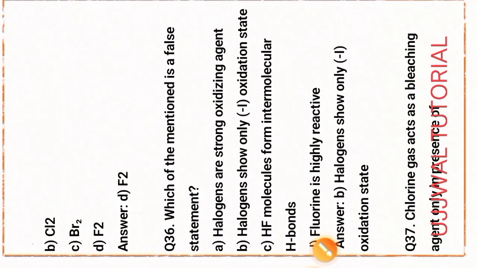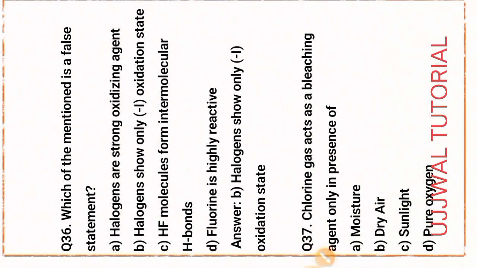Next question number 36. Which of the mentioned is a false statement? Option B, halogens show only -1 oxidation state, is wrong, because chlorine shows variable oxidation states. So option B is the right answer.